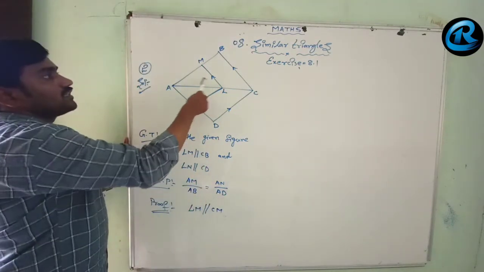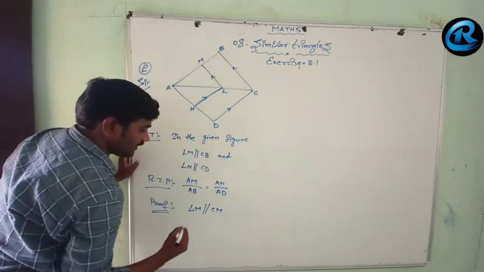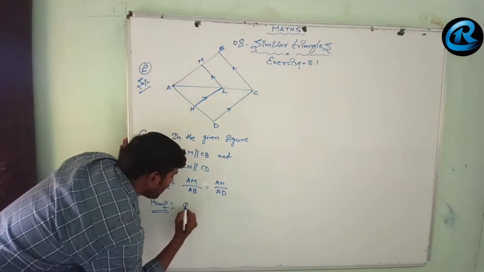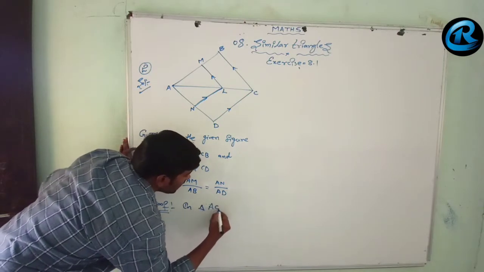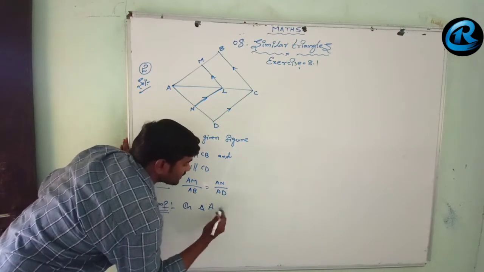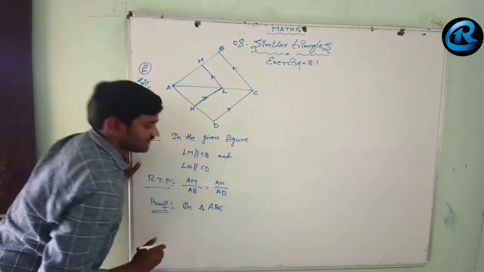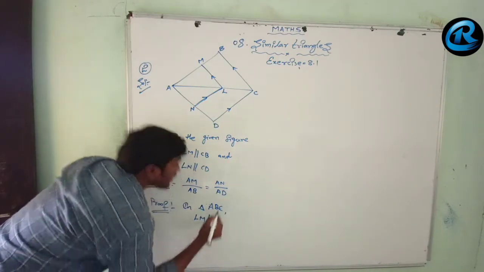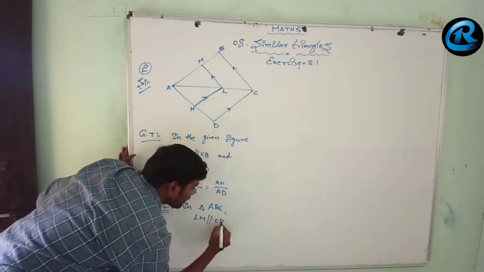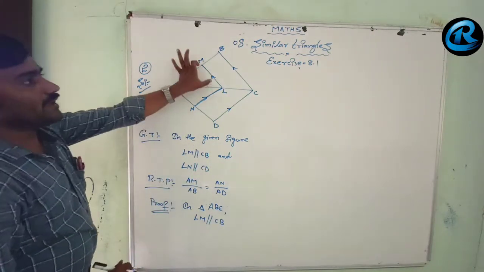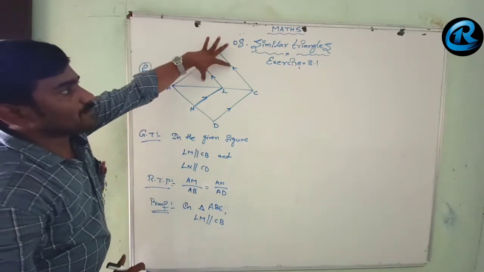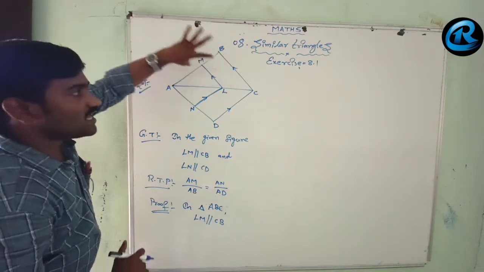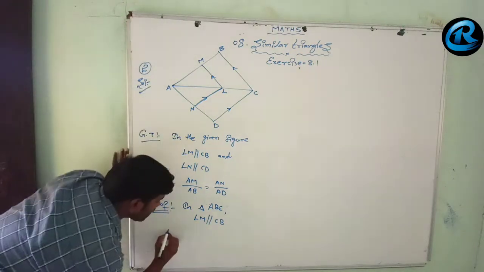Now in triangle ABC, where this LM is parallel to BC or CB, these two lines are parallel, so the line which intersects the other two sides, AB side and AC side, divides them into the same ratio by using BPT theorem.